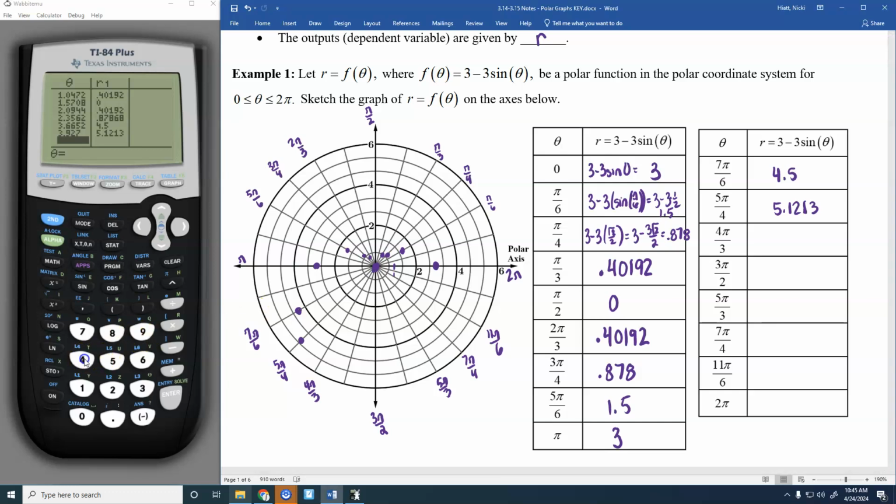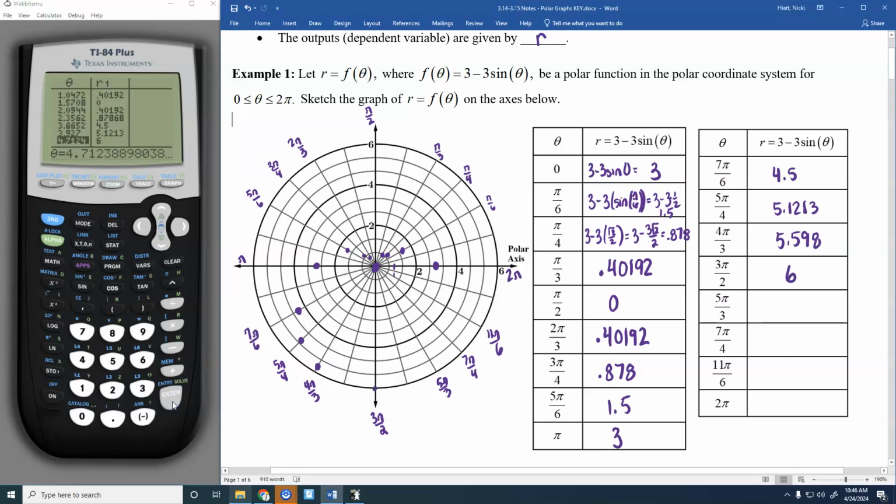Let's see what happens at 4 pi over 3. 5.598. So that is even closer to 6. And then 3 pi over 2 gives us 6.